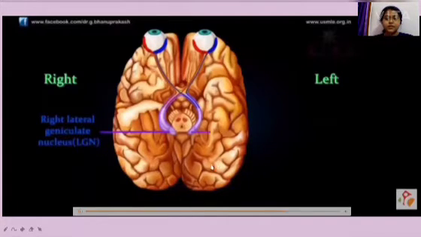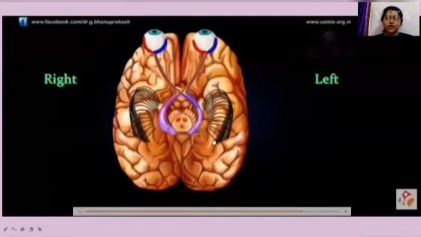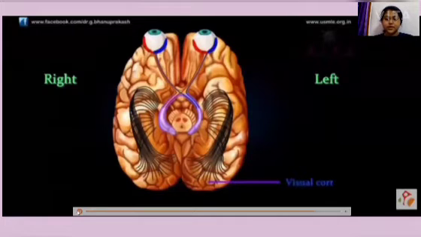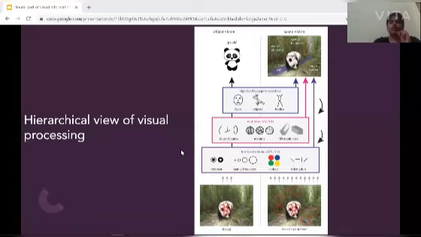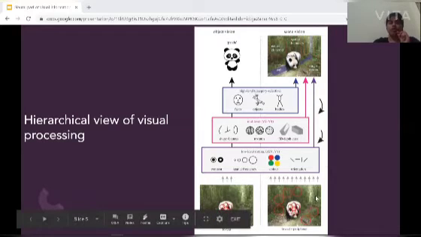Now let us look at the hierarchical view of visual information processing. On seeing the image, the light from the image source enters the eye. From the eye, it is sent for low-level vision processing, then to the mid level, and then to the higher level. Basically, low-level vision happens in the retina, LGN, and V1.